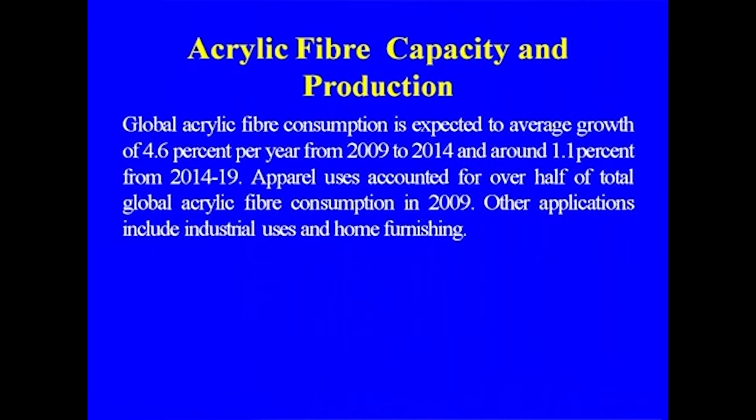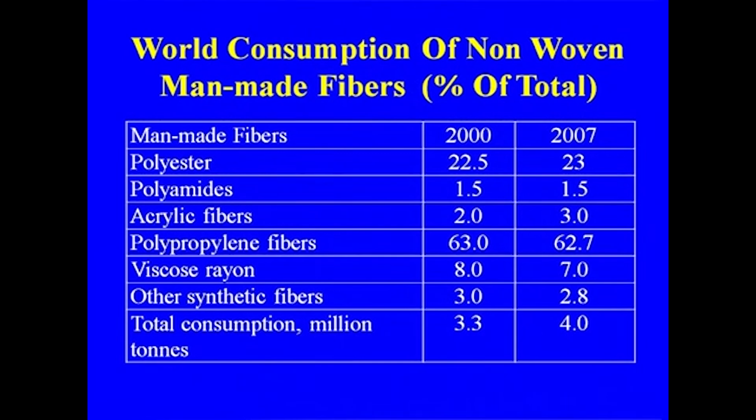Other applications include industrial usage and home furnishing. We already discussed the work condition of the non-woven man-made fiber, and here you can see the acrylic fiber is around 2 to 3% even in the non-woven man-made fibers.